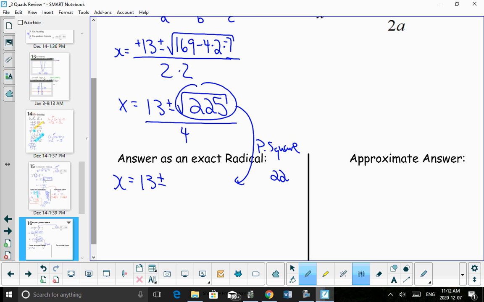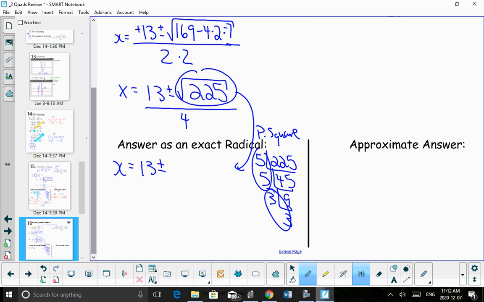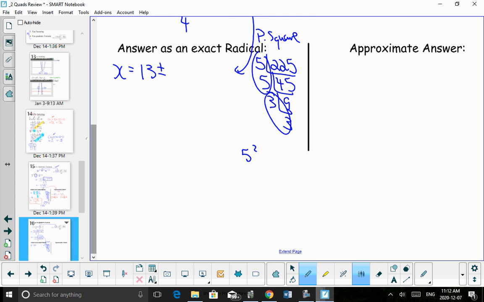I know that if I were to go through and do the division, starting off by dividing that by 5, I get out 45, divide it by 5 again, and then divide it by 3. Notice I have only groups of 3s and 5s. I don't have anything left over. So I'm just left with 5 times 3, so I'm just left with 15.